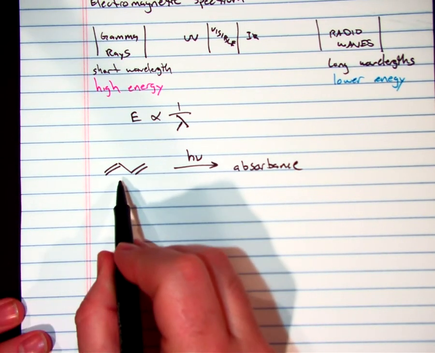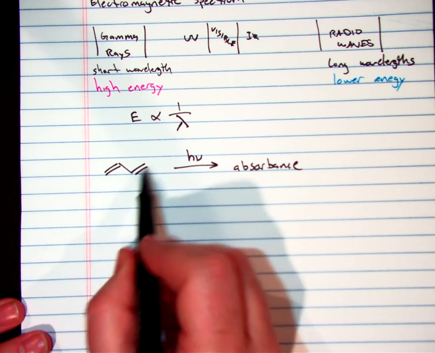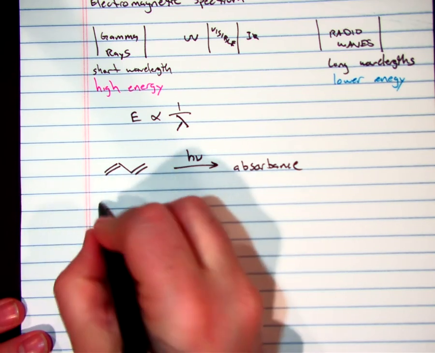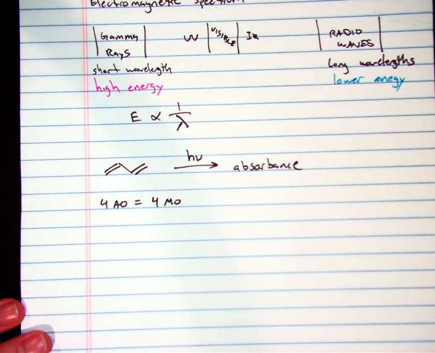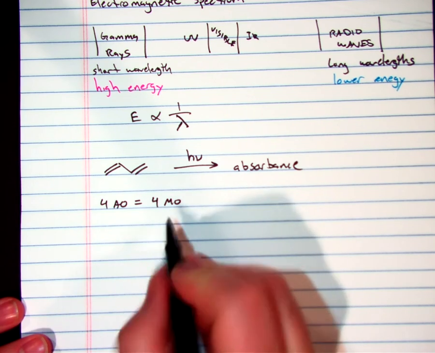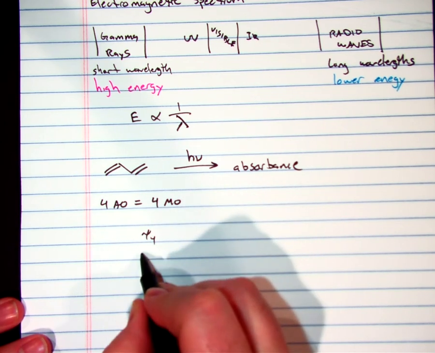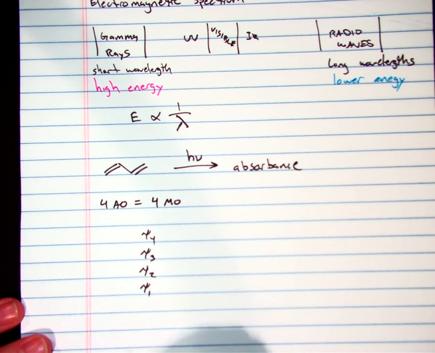If you remember from our discussion of MO theory, we have 4 atomic orbitals that are contributing to this pi system. That means that we're going to have 4 molecular orbitals that come out of this system. Now we don't need to really know what the structure of these are, but if we have 4, that means we have a psi 4, psi 3, psi 2, and psi 1.